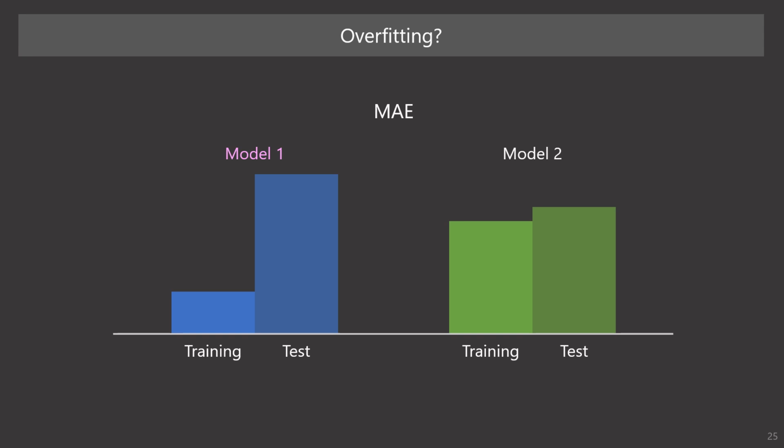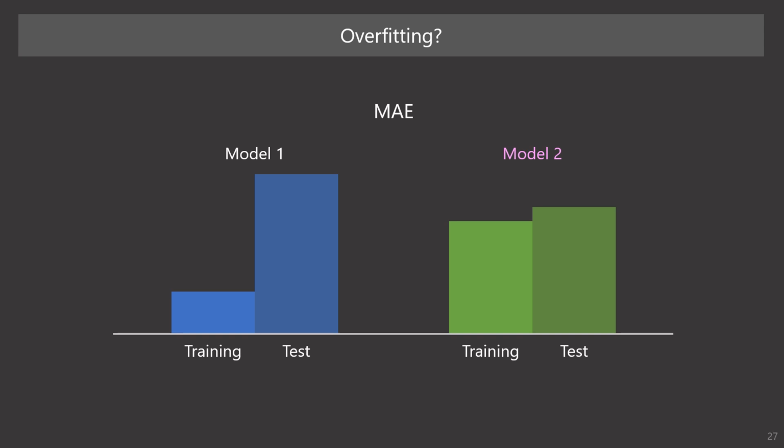So, Model 1 seems to overfit the training data. Compared to Model 1, Model 2 performs much worse for the training data, but slightly better for the test data. In such a case, we should choose Model 2 as the better model.